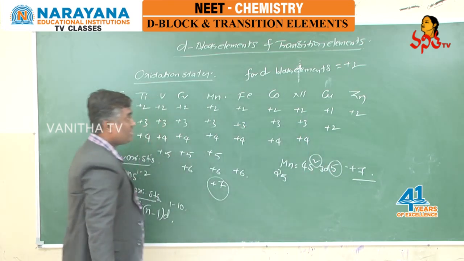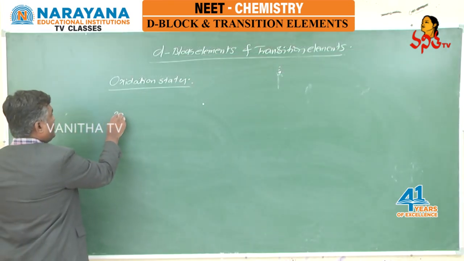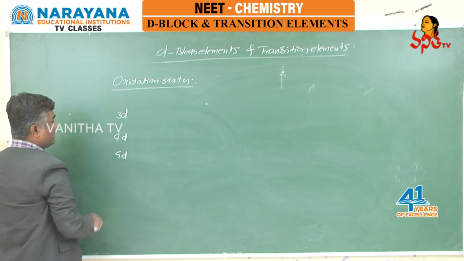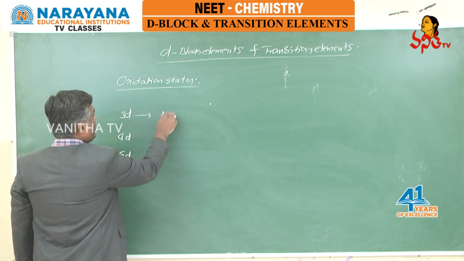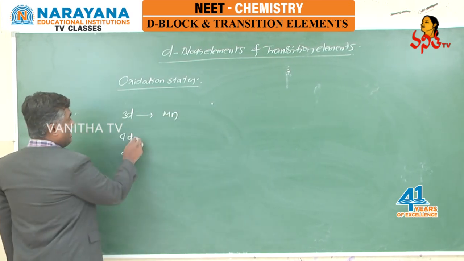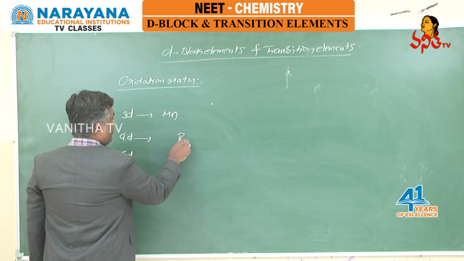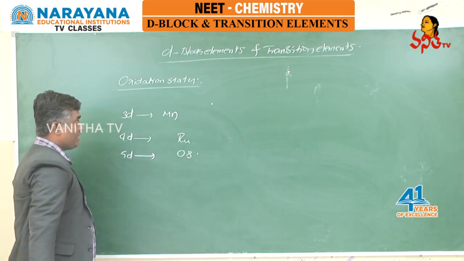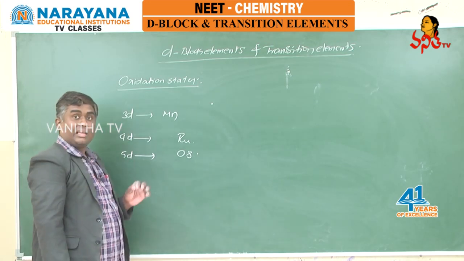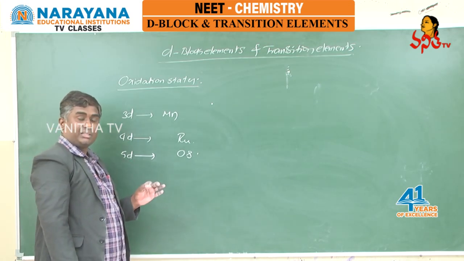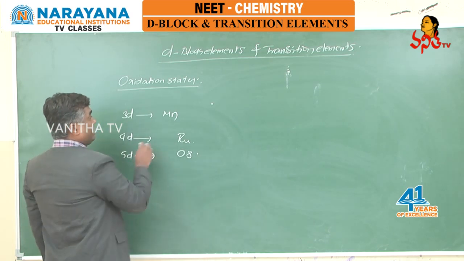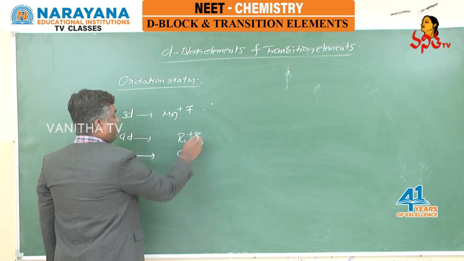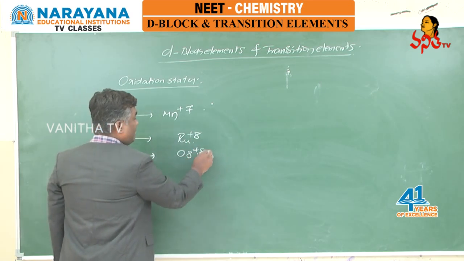And here, if you see the 3D series, 4D series and 5D series, in the 3D series, what is the specialty of manganese? In the 4D series, what is the specialty of ruthenium? In the 5D series, what is the specialty of osmium? If you see, in the 3D series, the transition element with the highest oxidation state is manganese, it can exhibit +7, whereas ruthenium is exhibiting +8 and osmium can exhibit +8.